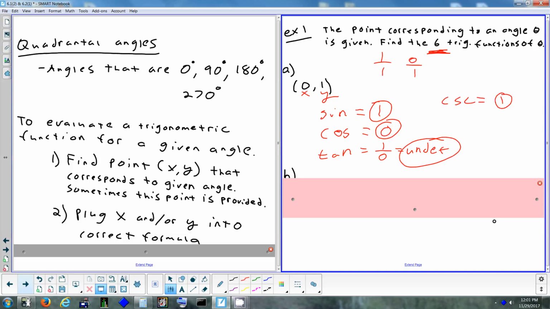Undefined. 1 over 0, undefined. And now, the cotangent? Well, the tangent was 1 over 0, so when you flip it, you have 0 over 1, which is 0. So there are your 6 trig functions of the point 0, 1.